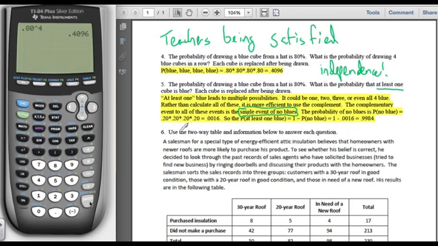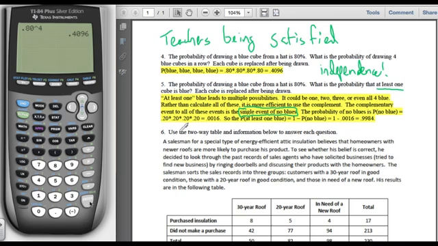For the second half, the probability of A given B, that's the probability someone purchased insulation given they needed a new roof. So I'm only looking at those that needed a new roof. I'm only looking at these 98 people. Out of these 98, 4 purchased insulation. So 4 divided by 98, that's 0.048, and these are not equal probabilities.